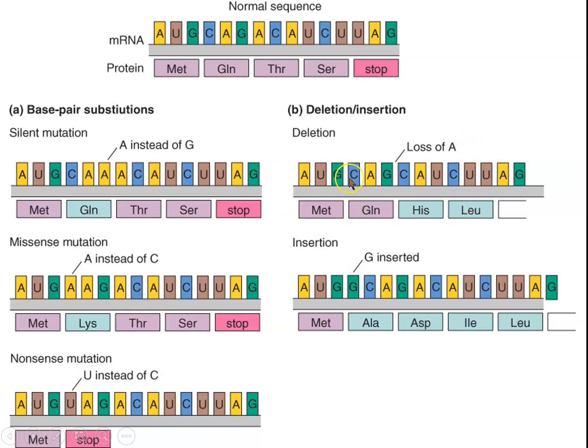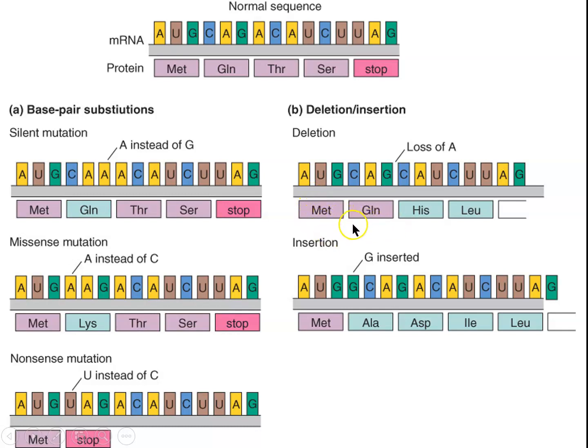And insertions and deletions can be equally severe because they change the reading frame. So if you look here, what's happened is one base has been deleted. So this A has been deleted. So what happens when the A is deleted, basically all of these move over 1, but the cell keeps reading this 3, then this 3, then this 3, then this 3. So we don't see a problem here. That hasn't changed.